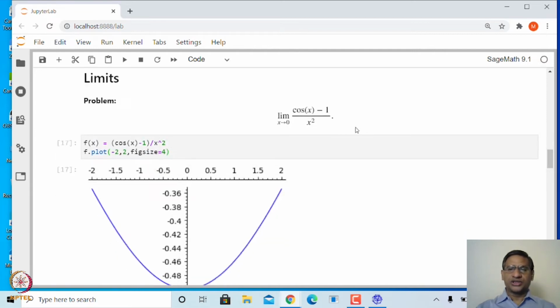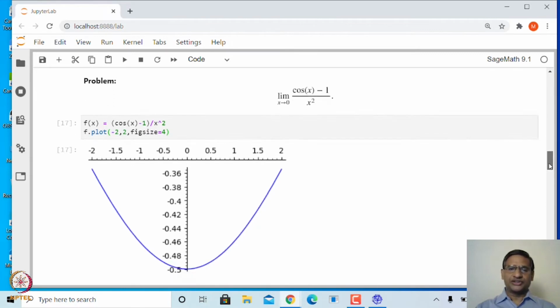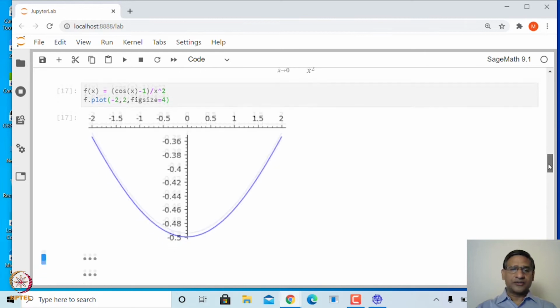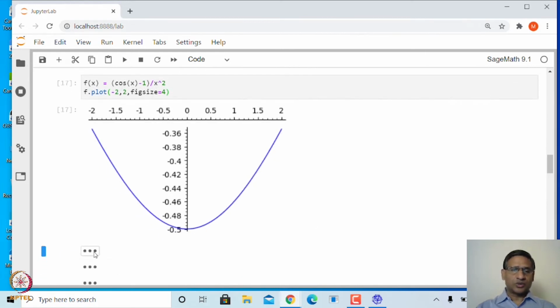The denominator is x square, which is 0 when x goes to 0, and that is where the limit, if at all, has a problem. But by looking at the graph, it looks like this function has a limit at x equal to 0. Of course, this function is not defined at x equal to 0, but we can find its limit. So, let us look at what its limit will be.